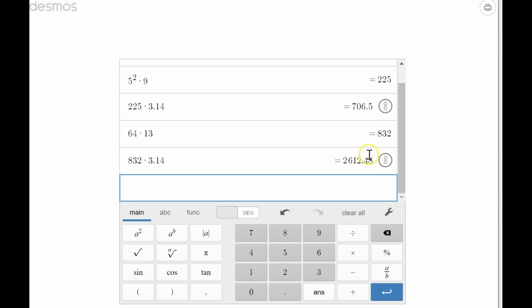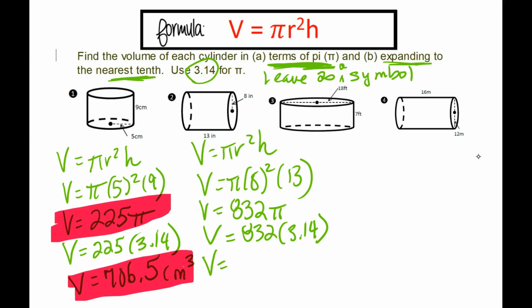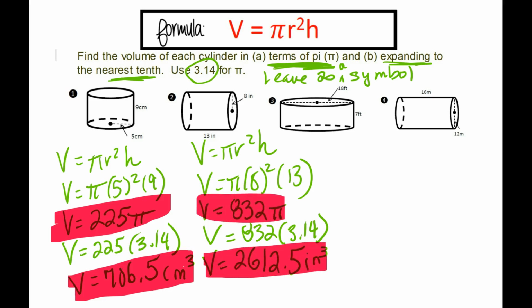The 8 rounds the 4 up to a 5, so 2,612.5. What are my units? Inches, and it's cubed because it is volume. That's my answer all out. What do we do in terms of pi? Leave it as a symbol. Leave it alone.